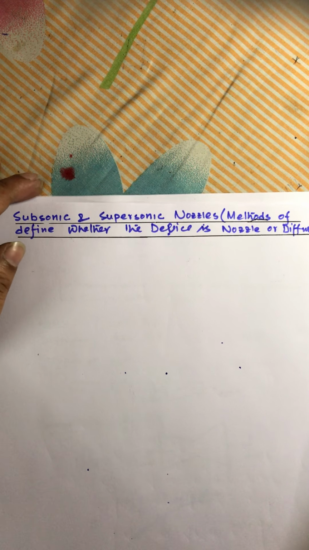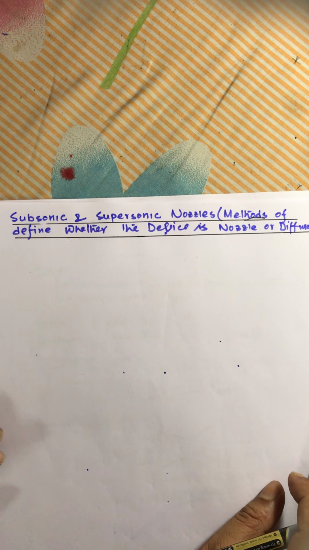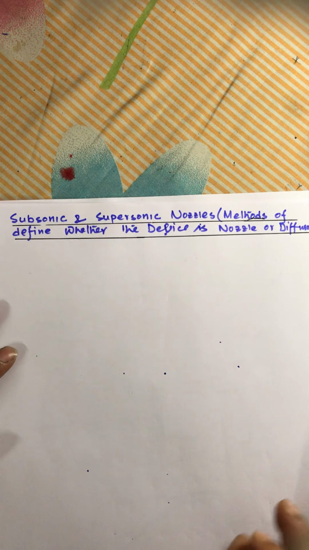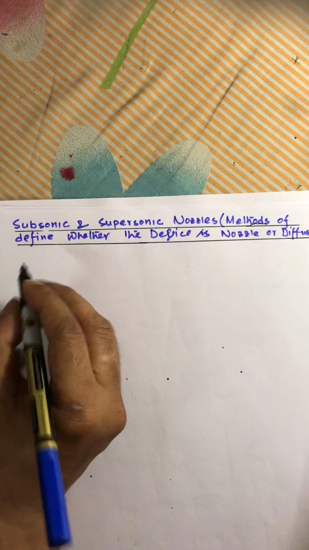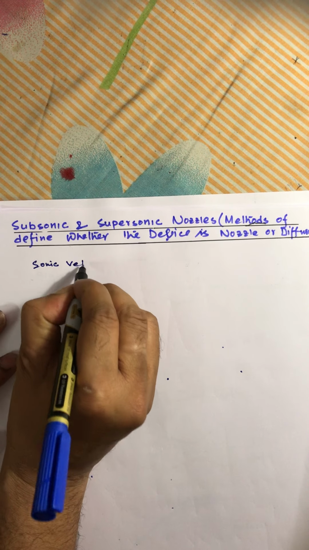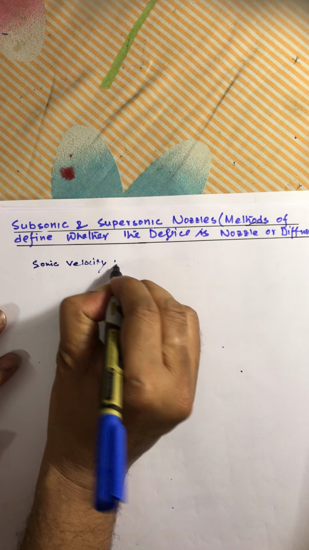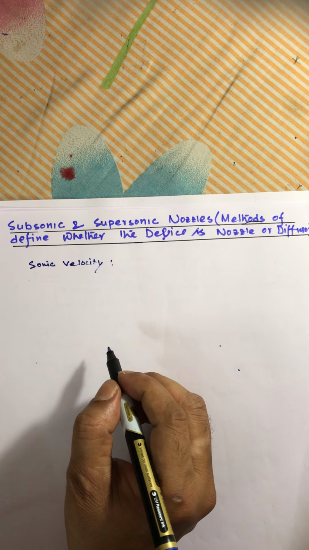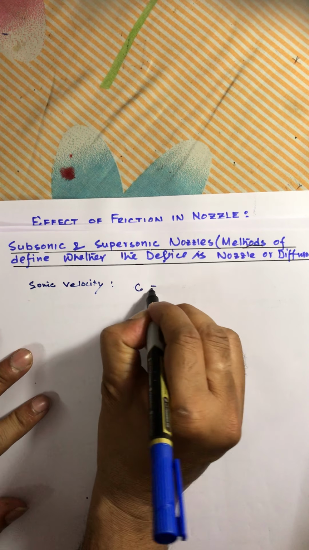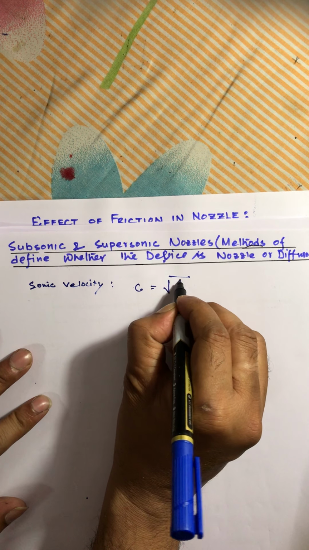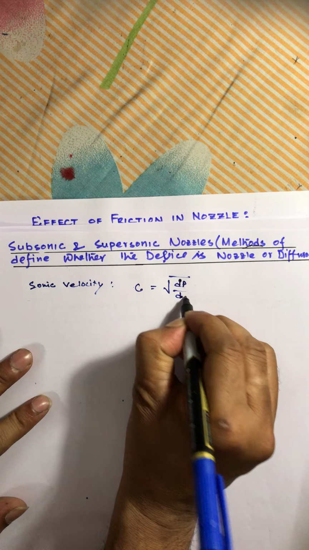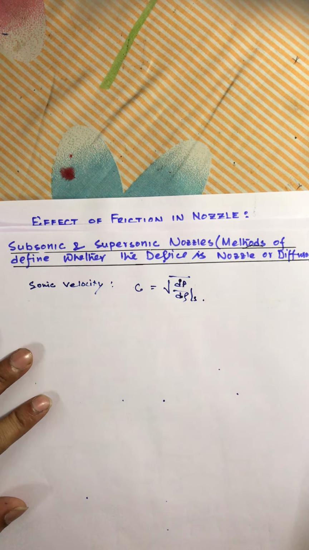First of all, to start this part, we should know different terminology, that means sonic velocity. Basically, sonic velocity is nothing but the velocity of sound, which can be defined as C is equal to root of what? dP divided by d rho at isentropic condition.